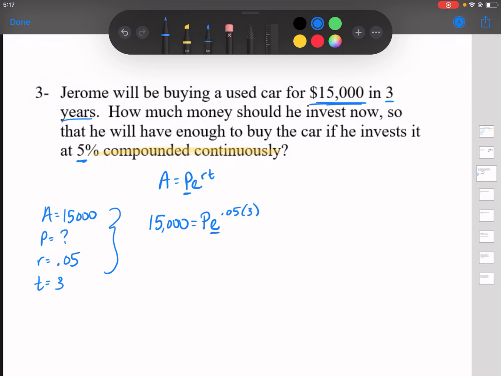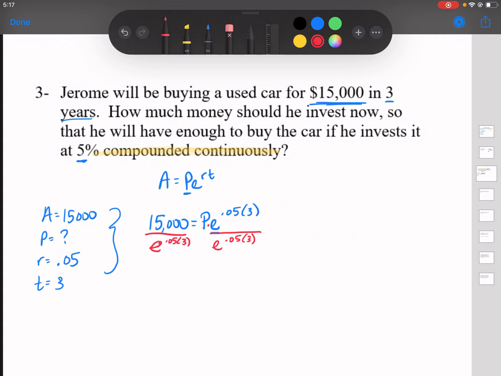Remember, E is kind of like pi. It's irrational, so it is an actual number, and that's just our way of writing it. Well, since we're finding P and since we're multiplying P by all of this, we can actually just divide both sides by E raised to the 0.05 times 3.